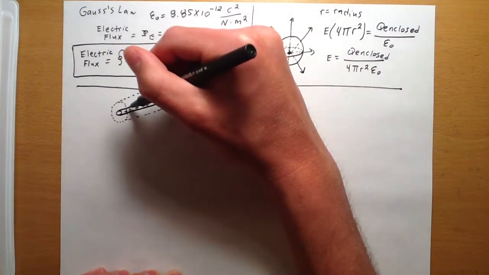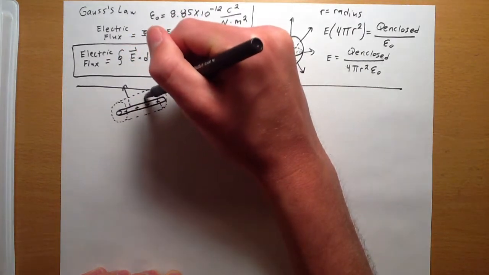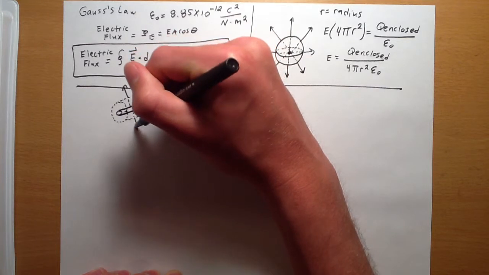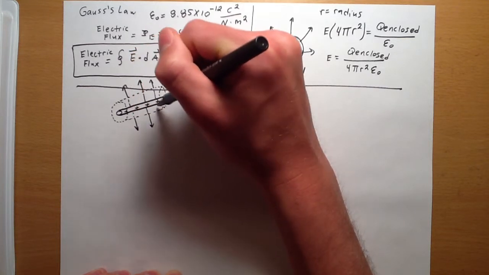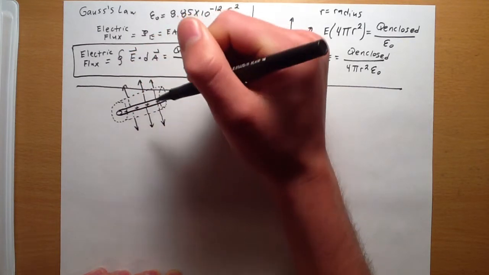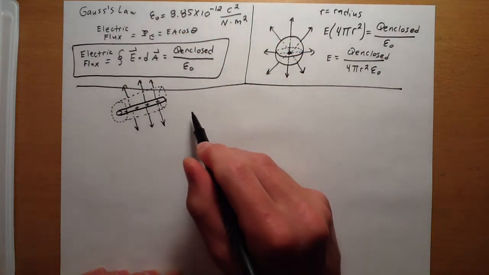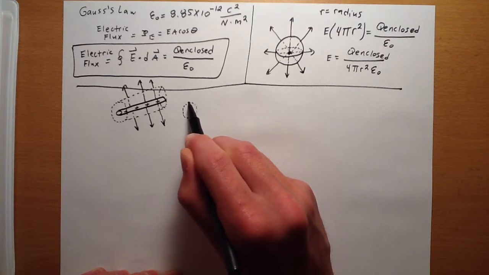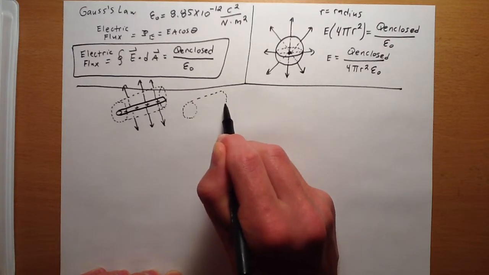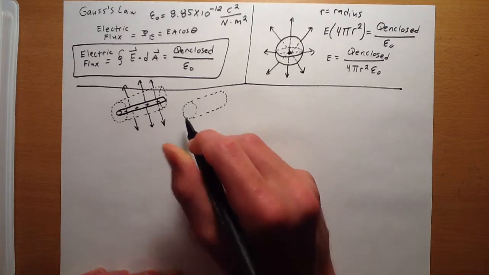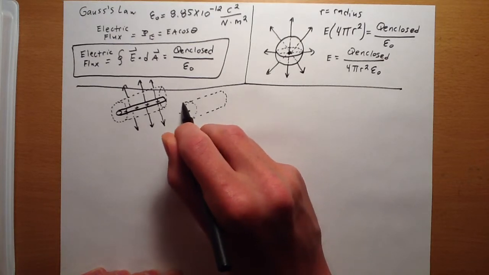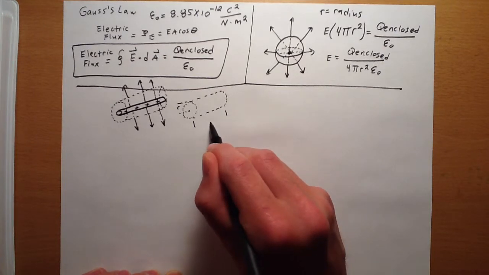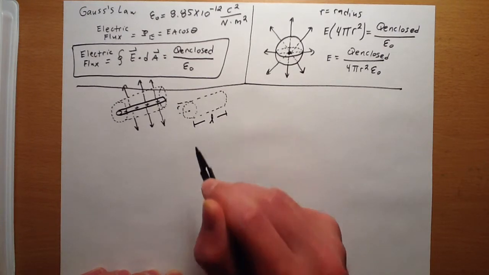And we're going to have electric field lines leaving this and passing through the imaginary cylinder. Now I'm going to draw this imaginary cylinder again so we can define some constants. R, which is the radius, and L, which is the length.